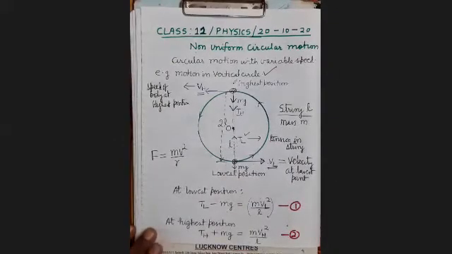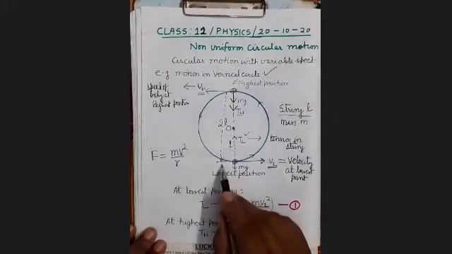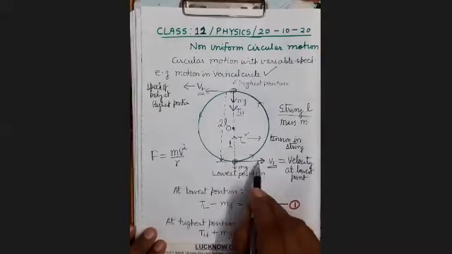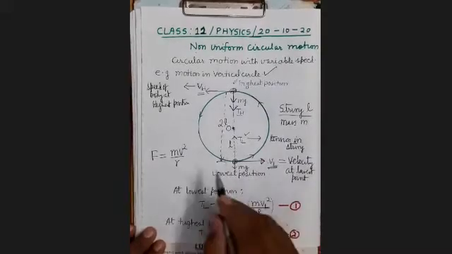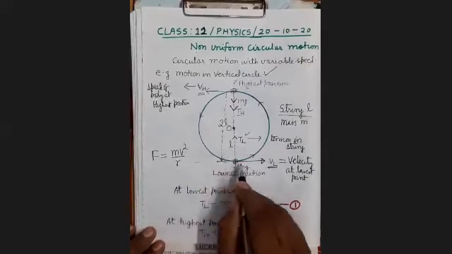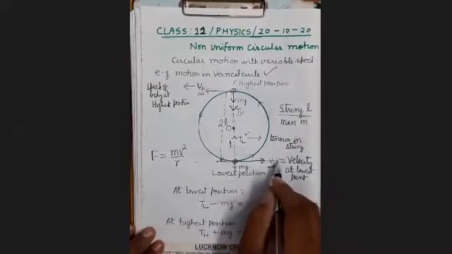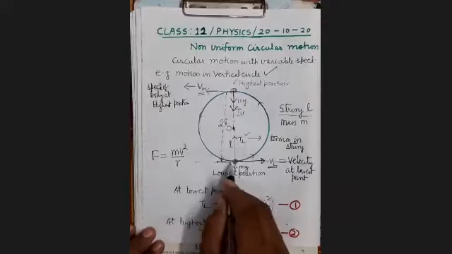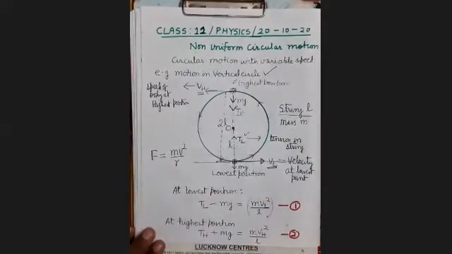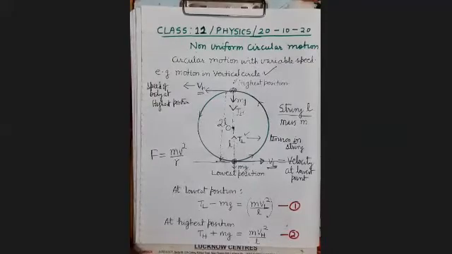So see here, what if we take the zero level of potential energy at this lowest position? This I have taken as the zero level of potential energy, means height we are measuring from this level. So what is the total energy at the lowest point?